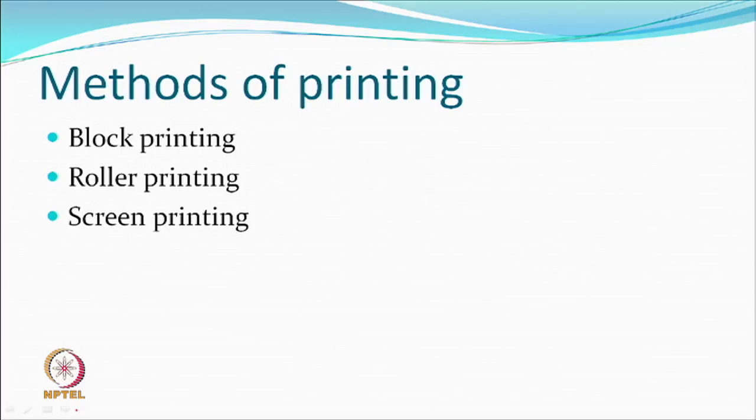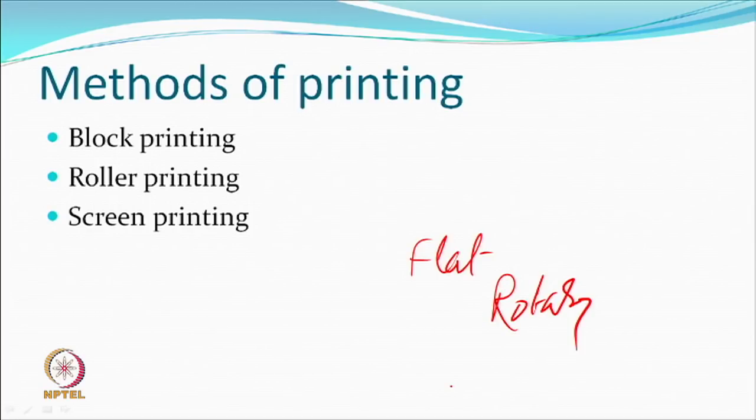You can have a flat screen, or rotary screen printing machines. The flat would be considered as semi-automatic systems or could be completely manual, and rotary is generally a continuous process, like roller printing.